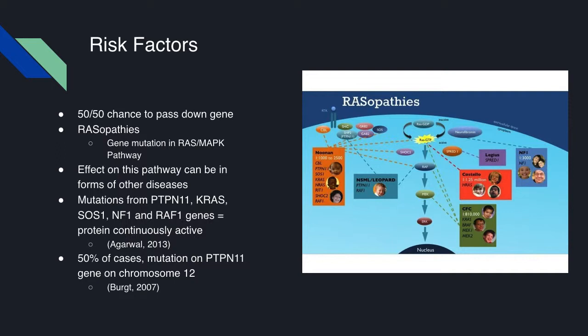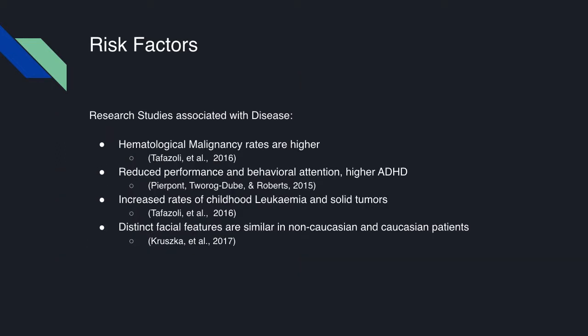You can see 50% of the cases are on this gene, which is found on chromosome 12, present in both 46XX and 46XY, male and female. Because PTPN11 and other genes have essential roles in this pathway, other systems can be associated with being benign or malignant.